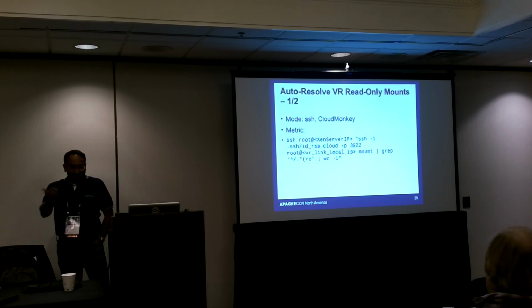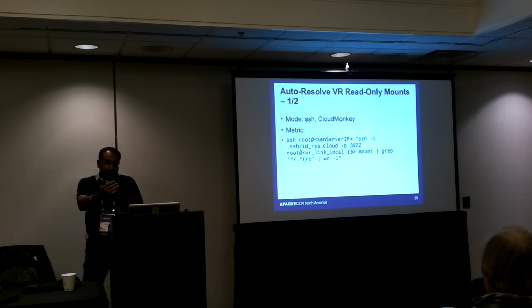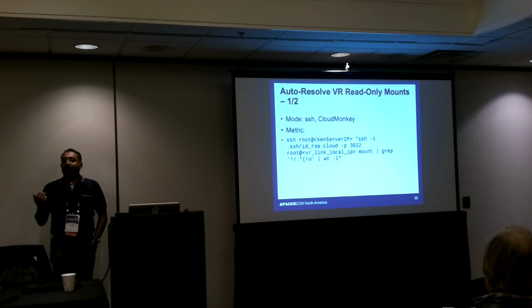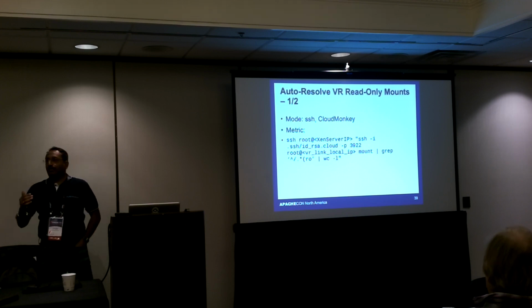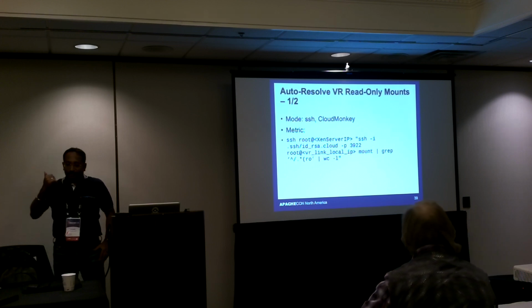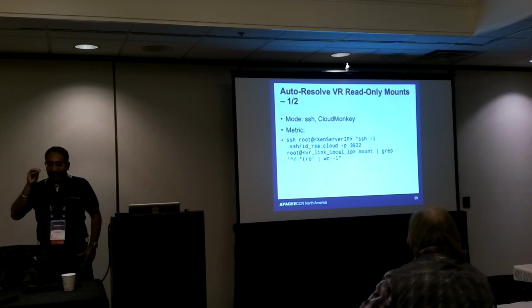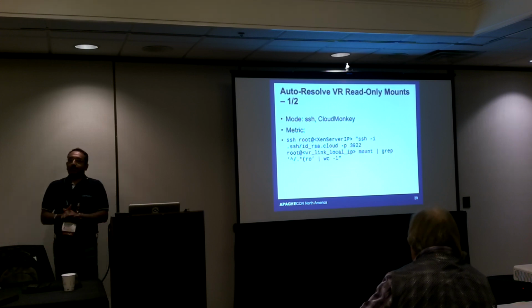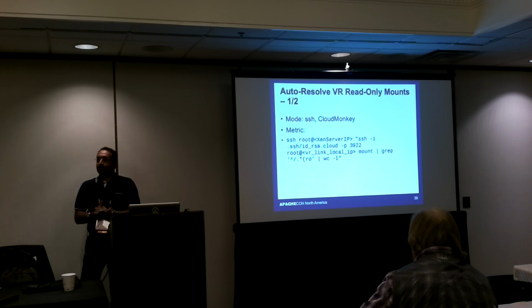Then, as I said, this is a different side of the same problem. VR can have read-only mounts, especially if it's running on NFS, and while normal operations may not be affected, whenever you try to do any activity which requires the VR to write to the local disk or anything like that, then it goes into failure mode and stale mode.